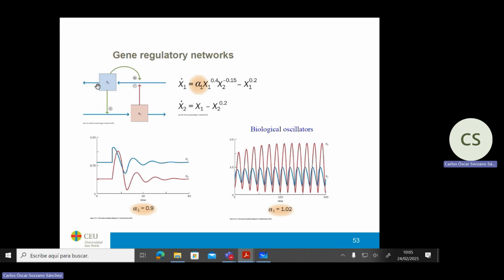For instance here, if alpha takes the value 1.02, what we have is an oscillation. And these oscillations are somehow the basis of our day and night behavior. So you are tired by night because there is some biological oscillator that makes you go to sleep.